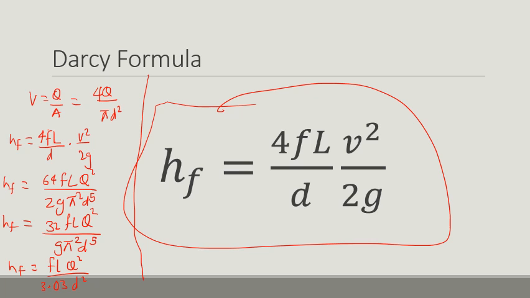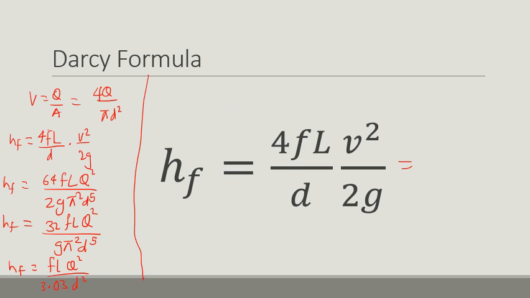So an alternative form of this equation is HF equal to FLQ square over 3d raised to the power 5. It is within 1% error, and this can easily be used to solve questions involving discharge.